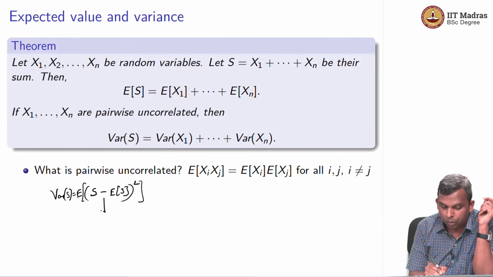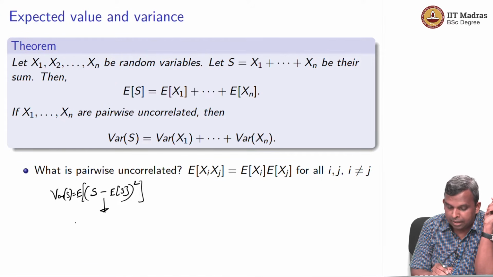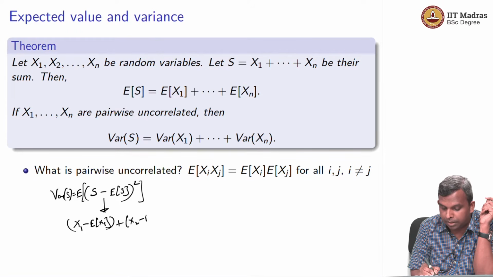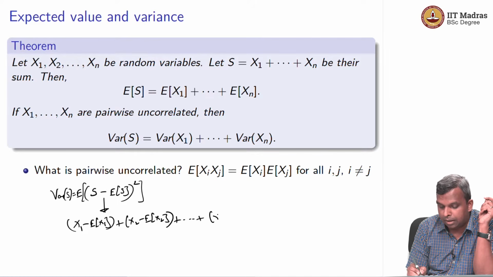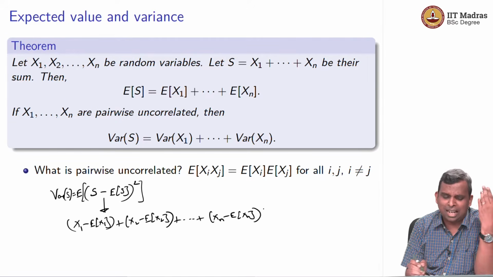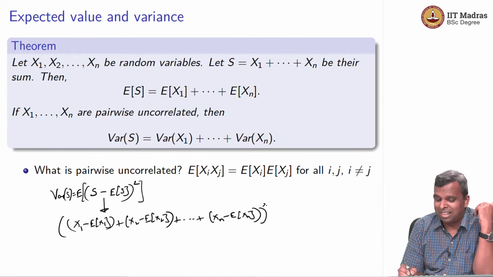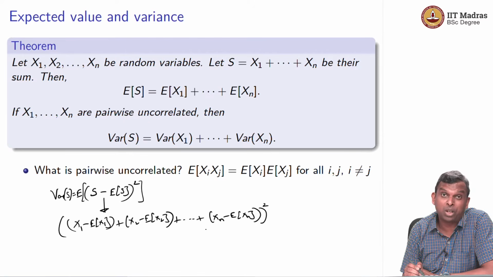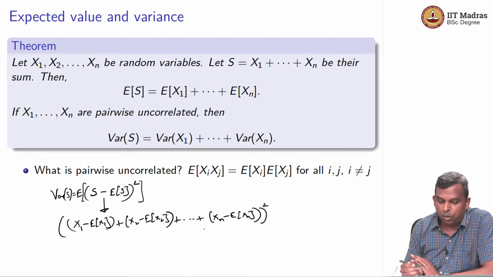That is x1 minus expected value of x1 plus x2 minus expected value of x2 plus so on till xn minus expected value of xn. If you are the type who's getting quite upset with these lengthy derivations, you don't have to pay attention too much to the derivation. The final result is what's most important. I'm just doing this so that people who are interested in this can benefit out of it.